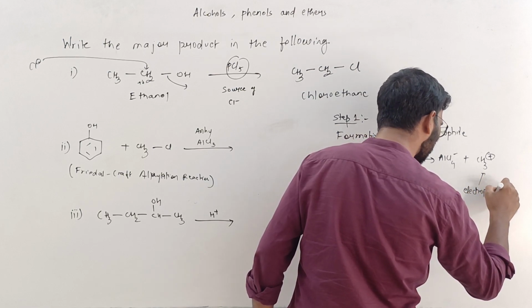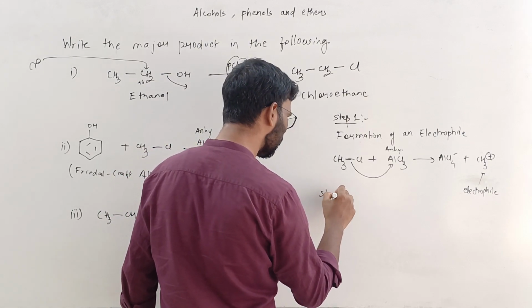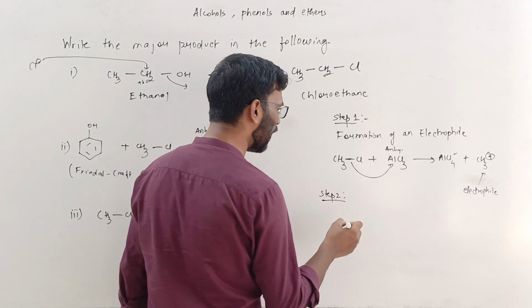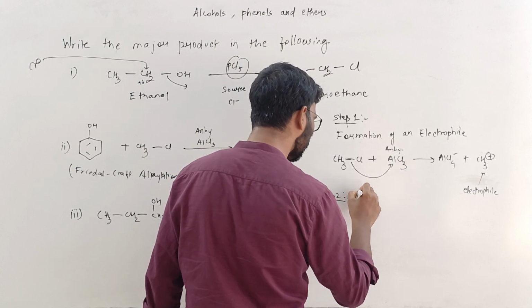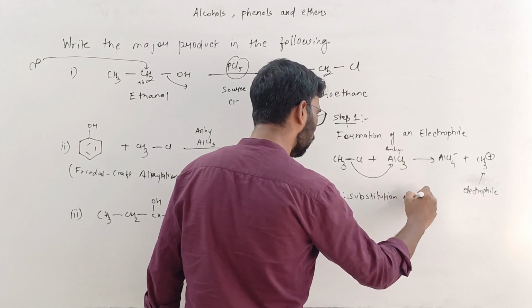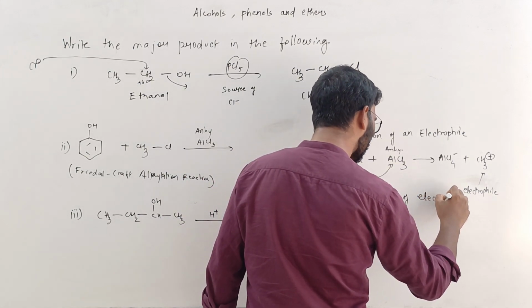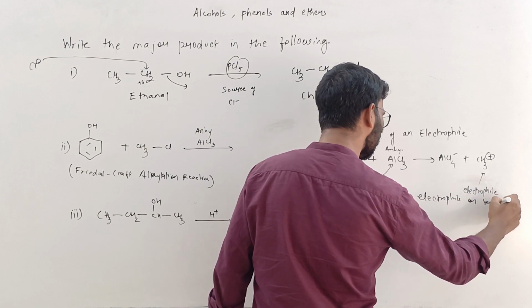Okay. And step 2 is what? Step 2 is substitution of the electrophile on benzene, right?